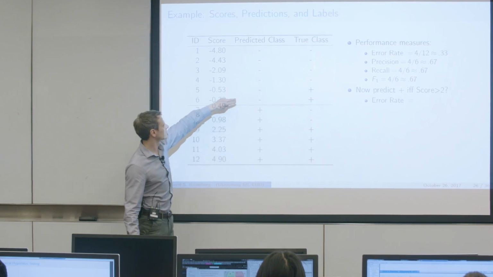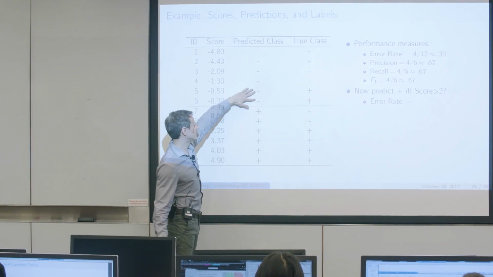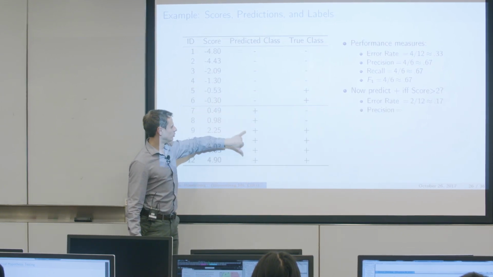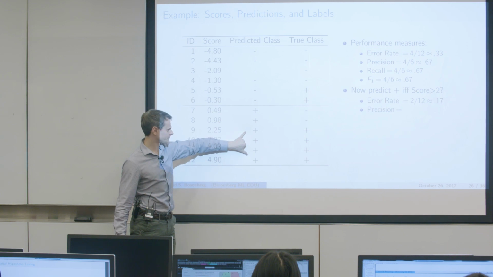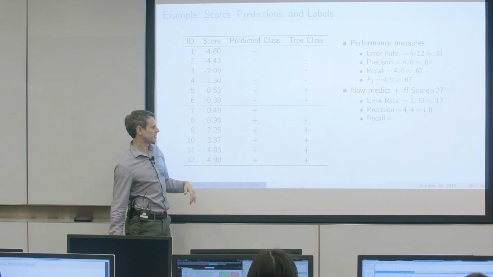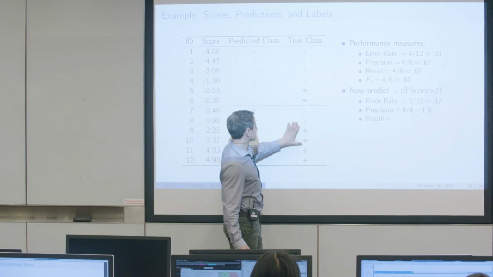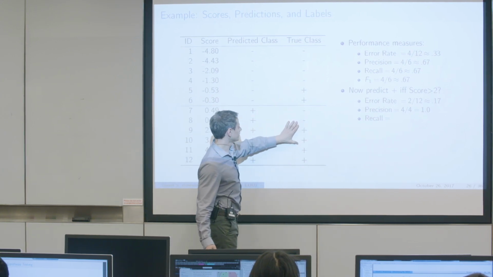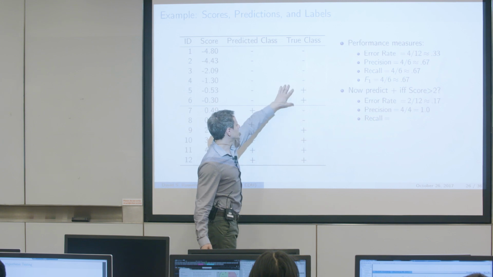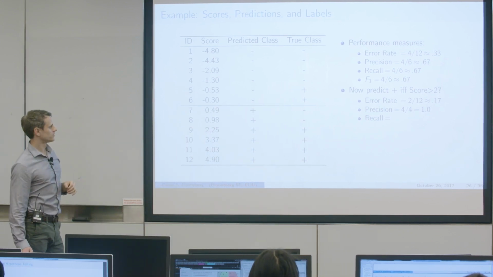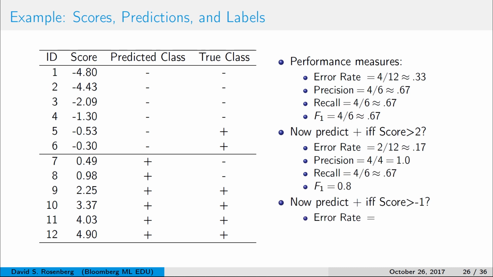I count 2 errors. If these were negative, these were the only errors, 2 out of 12. Precision, only these 4 are predicted positive, and they're all correct, so that's 100%. And recall, the positive classes stay the same. We're missing 2 still. So 4 out of 6, great.